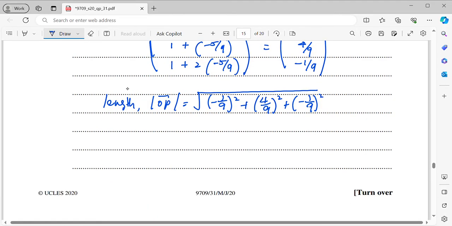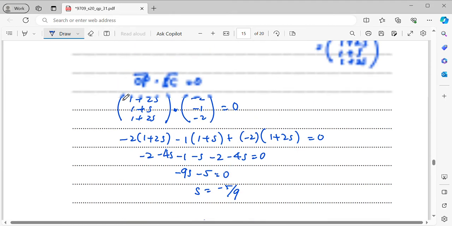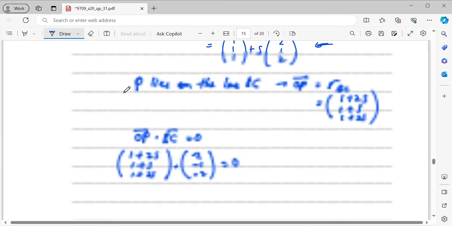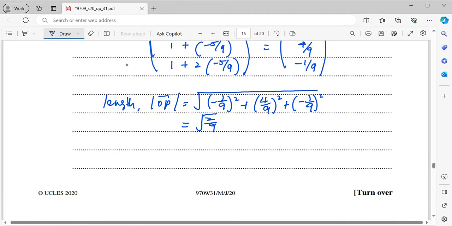So at last, it will be the square root of 2/9. Then when we look at the question, it asks for the exact length. So that means this is basically square root 2 over square root 9. Square root 9 is 3, so I will write square root 2 over 3. So that's the exact length.